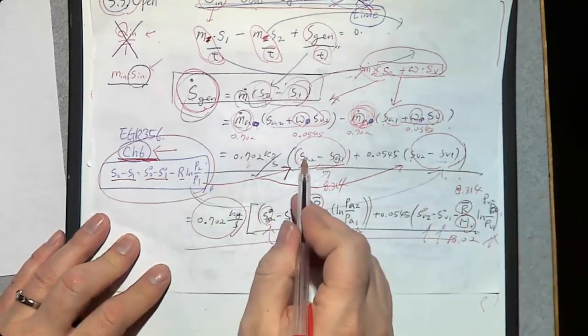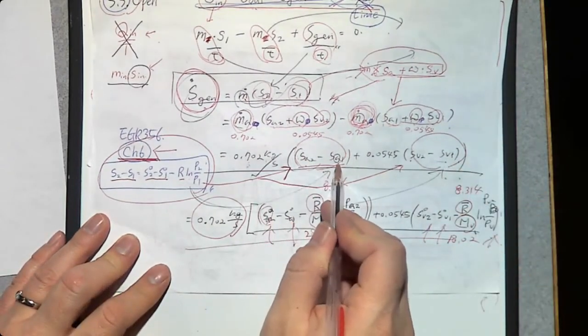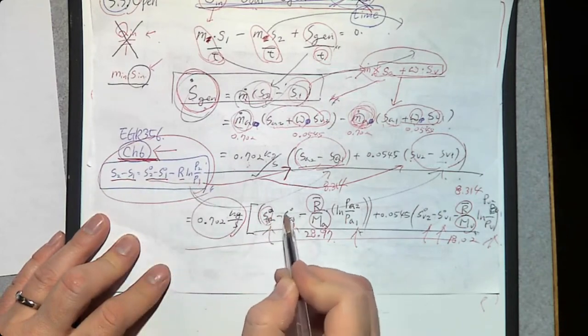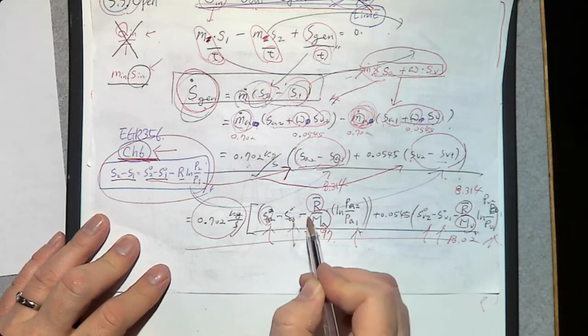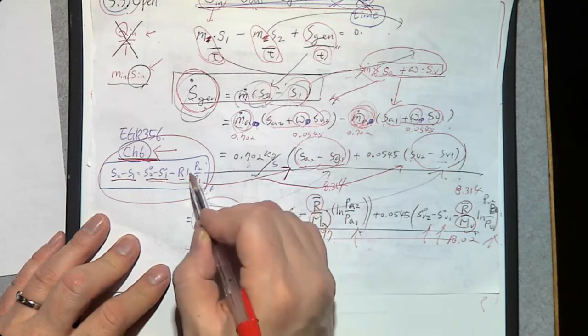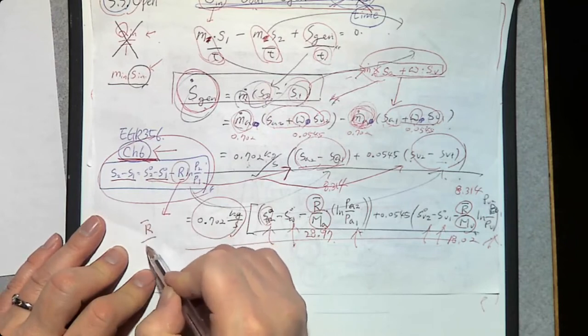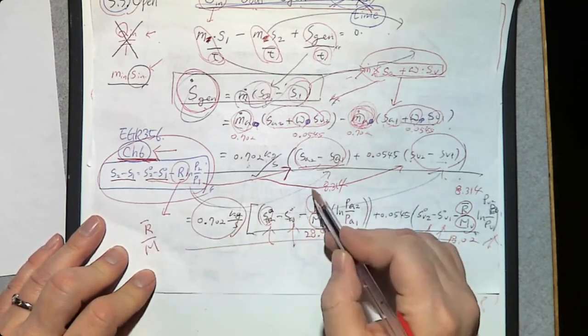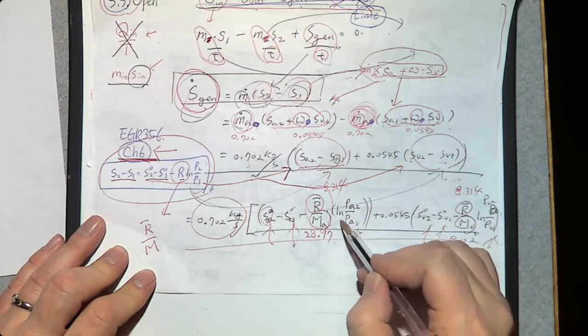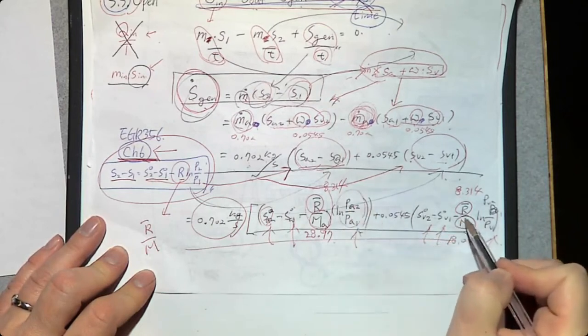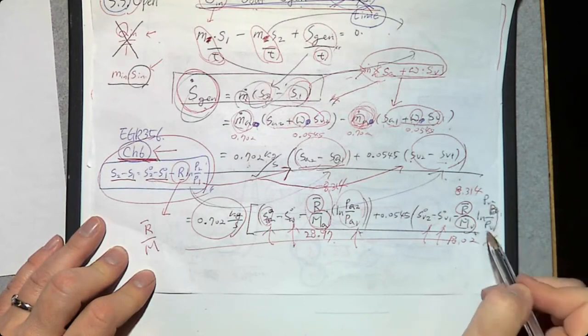Instead of SA2 minus SA1, we use S degree A2 minus S degree A1 minus gas constant R, which is the universal gas constant divided by molecular weight, given right here, times natural log PA2 over PA1, and we can do the same with natural log PV2 over PV1.